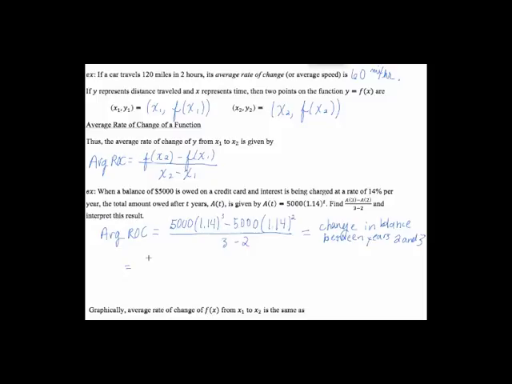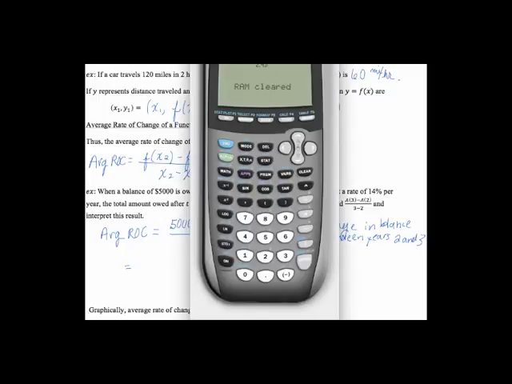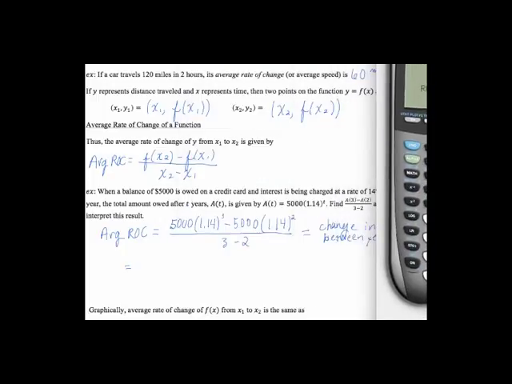If we want to compute this number and get a value, we'll use the calculator to do a little computation. It might help make this make a little bit more sense.